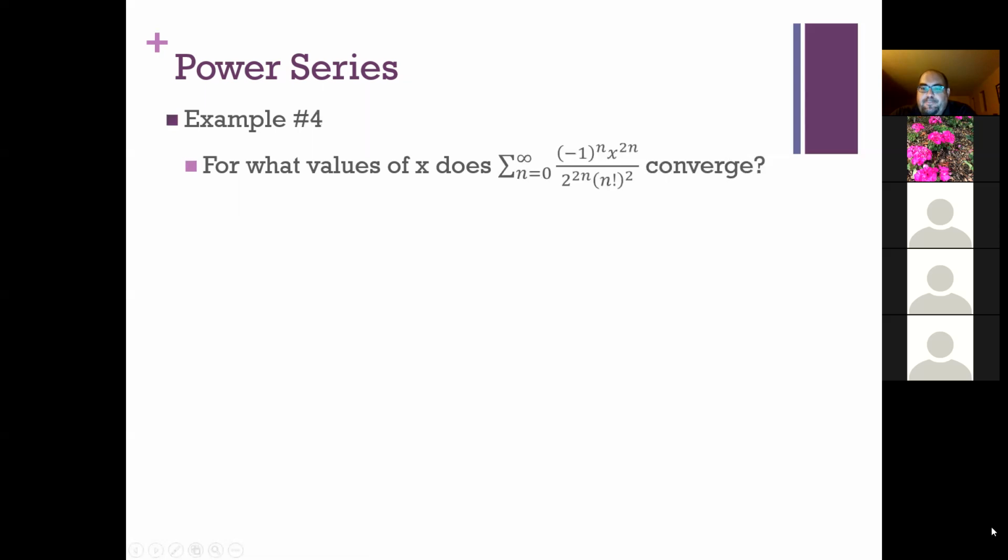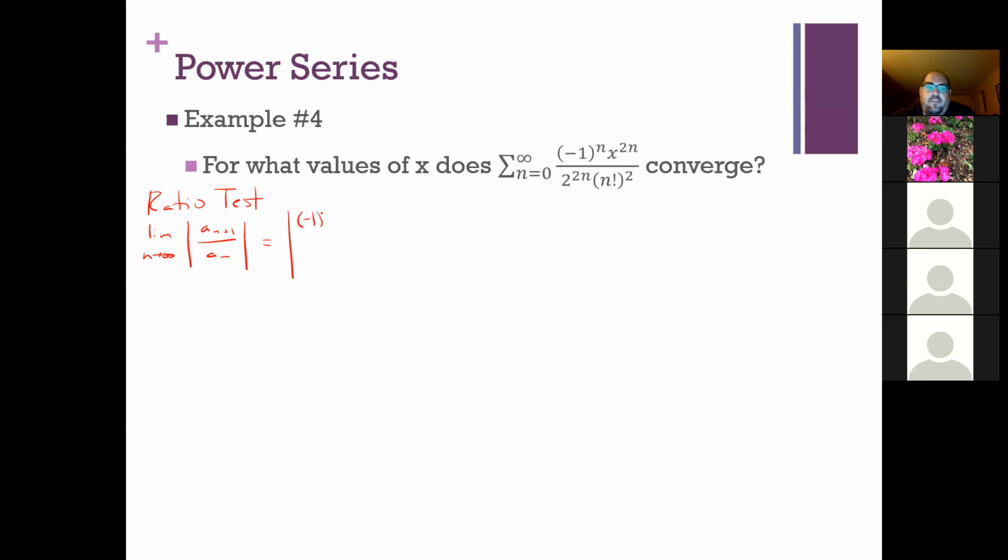How about this strange thing? It's a much nastier looking series, but if the ratio test does us any favors, hopefully a lot of things cancel. So let's set that up first.